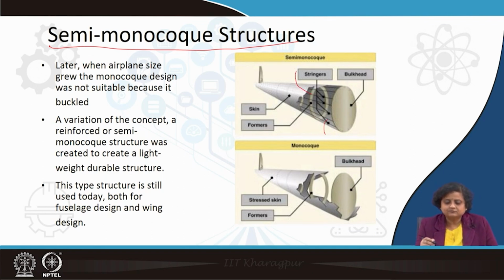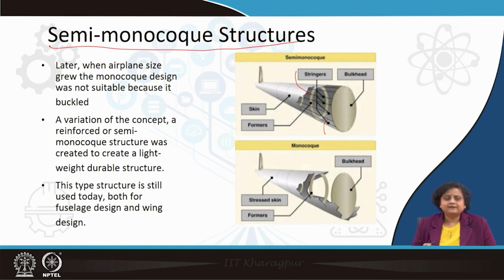Transverse reinforcements have several names: they are sometimes ribs, formers, bulkheads, and the longitudinal reinforcements are stringers, longerons, spurs. This reinforcement prevented the buckling of the monocoque structure as the aircraft became larger. As the aircraft became larger, the size of the monocoque increased and it became very prone to buckling failure.